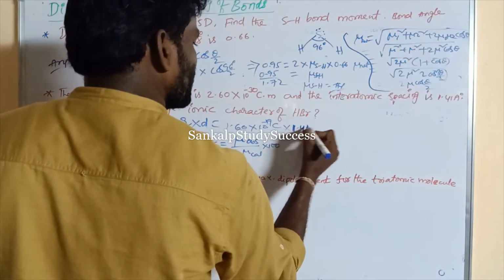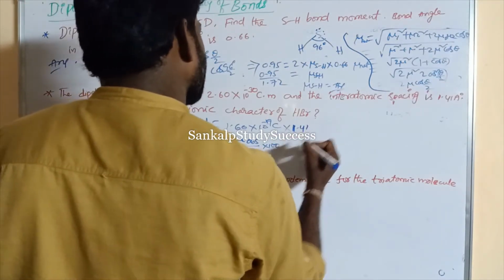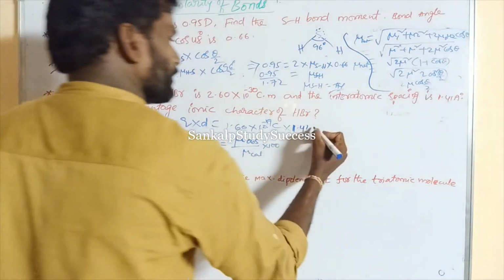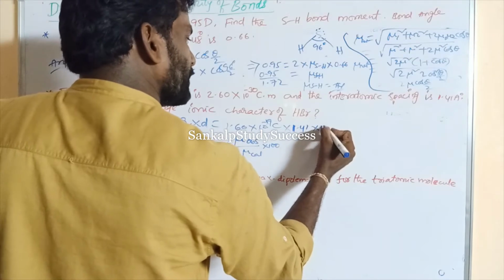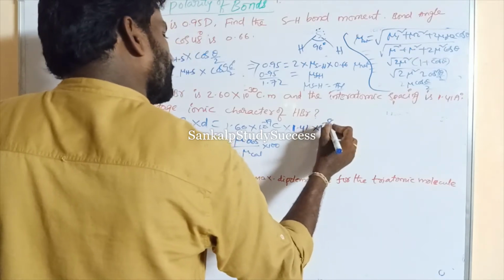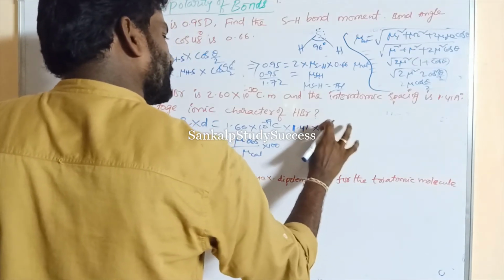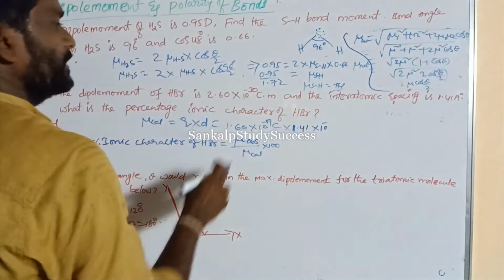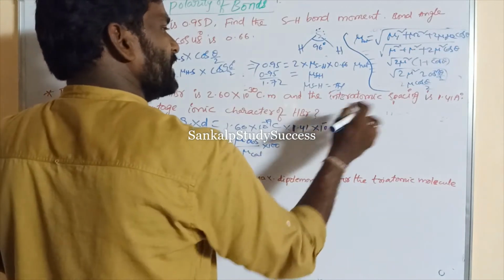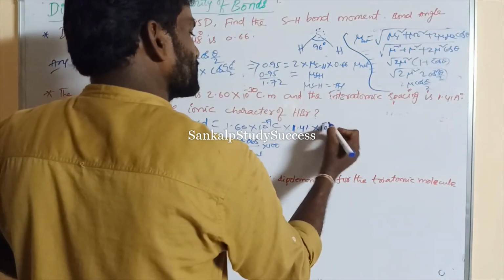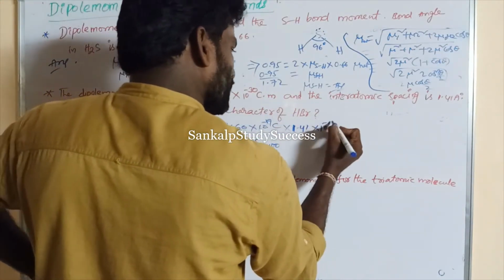1.41 angstrom, which we will convert to meter: 1.41 into 10 to the power of minus 10 meter. This value is in coulomb meter; it is also written in meters, so 10 to the power of minus 10 meter.